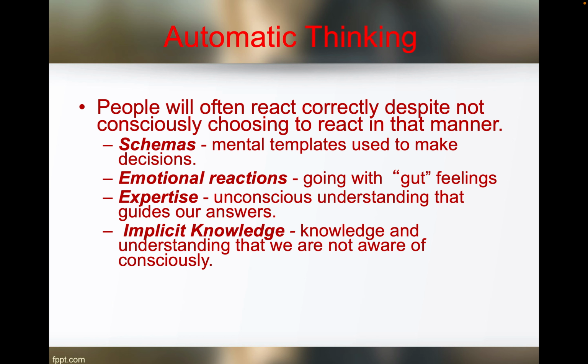I have degrees in 4 different areas: English, medical laboratory technology, political science, and psychology. So these are unconscious understandings, and to some extent, it guides my thinking and it guides my answers. Hopefully, it does anyway. And implicit knowledge is understanding that we are not aware of consciously.